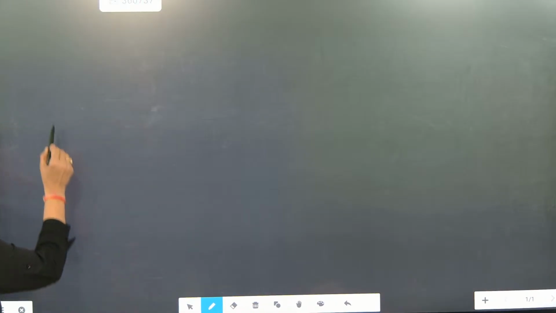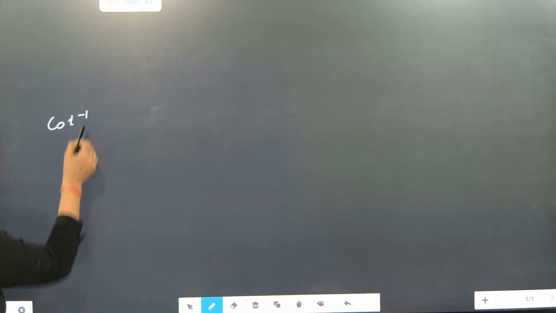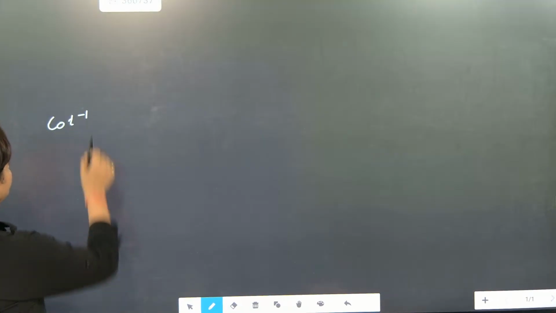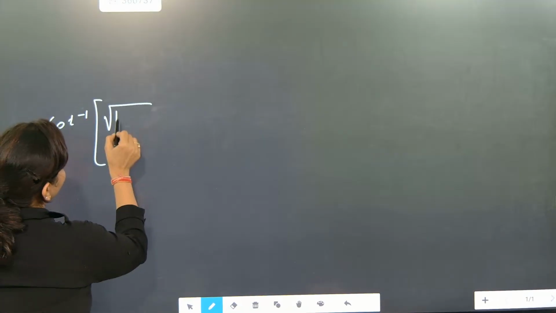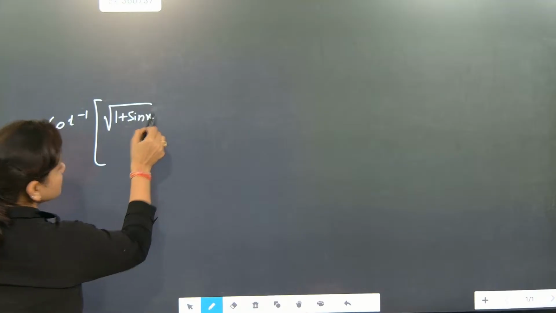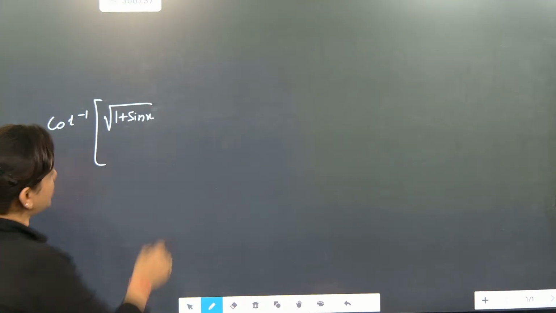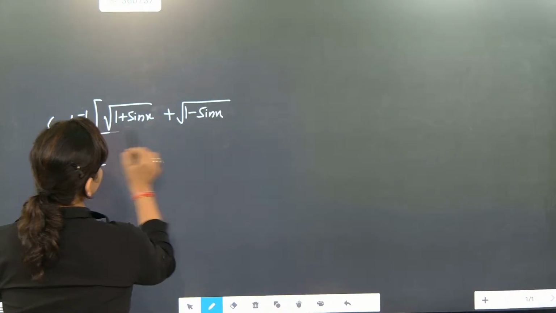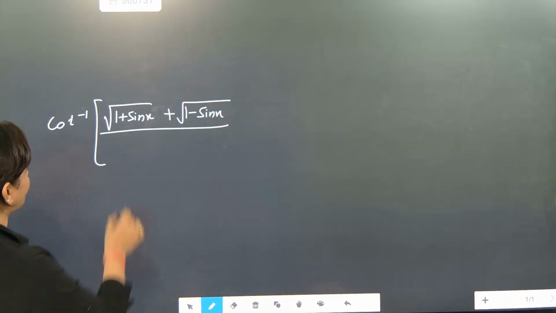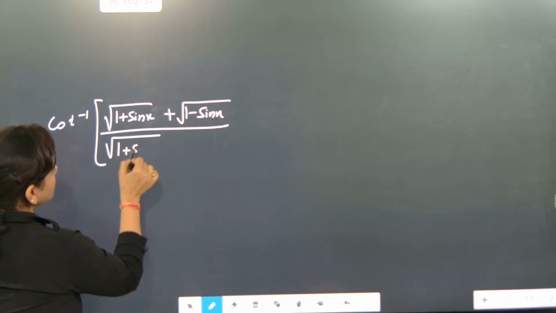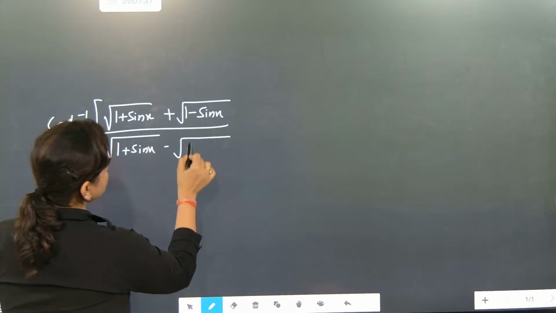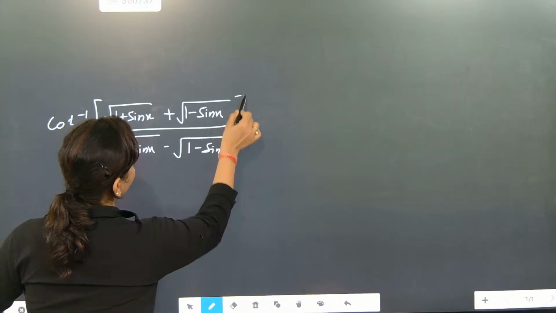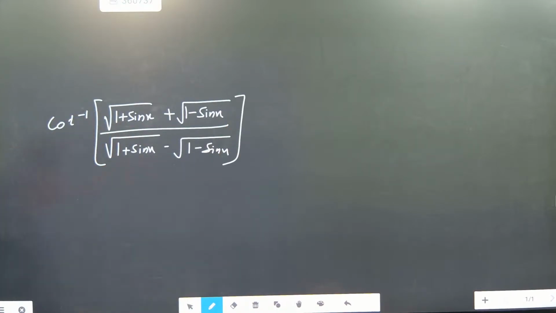Listen first. One is cot inverse of root under 1 plus sin x plus root under 1 minus sin x, divided by root under 1 plus sin x minus root under 1 minus sin x, and your time starts now. Come on, go for this question.